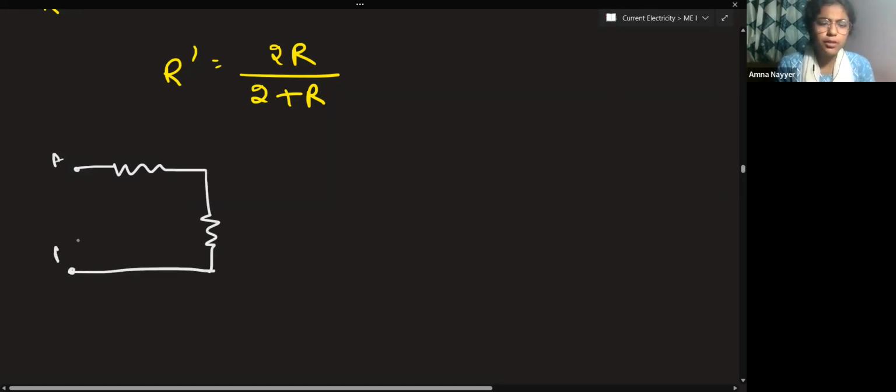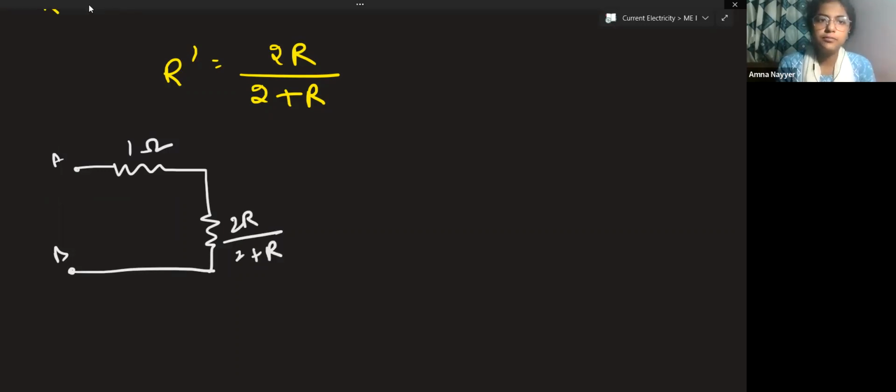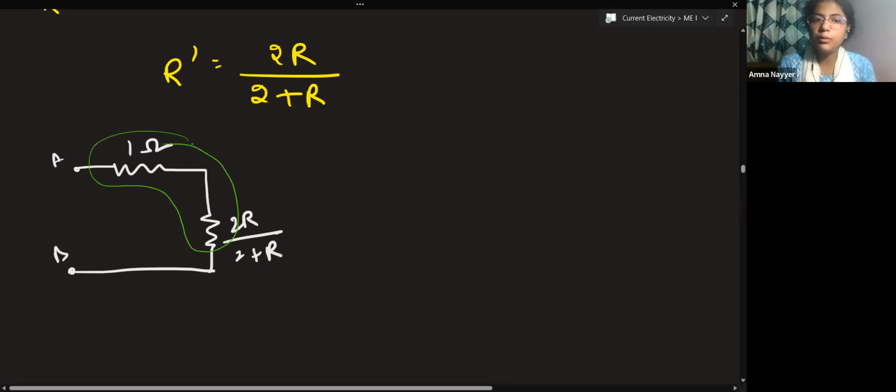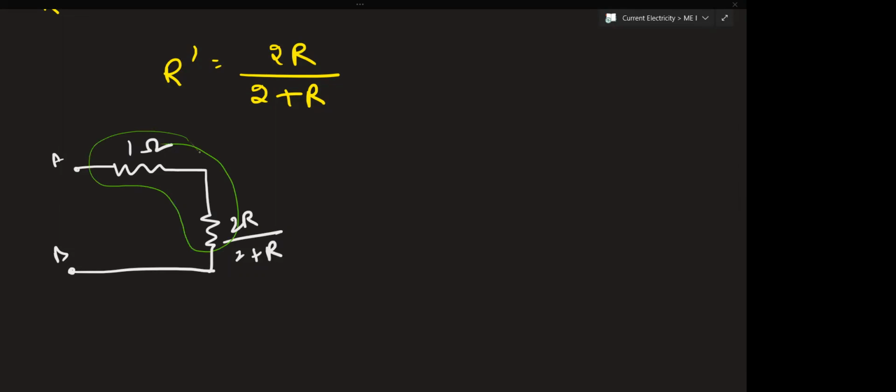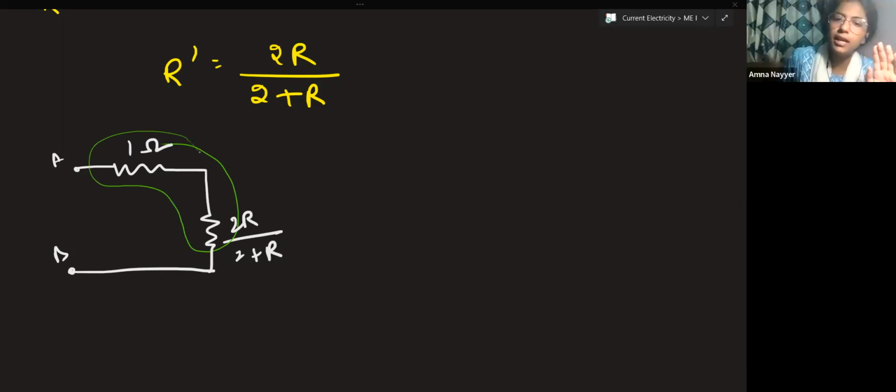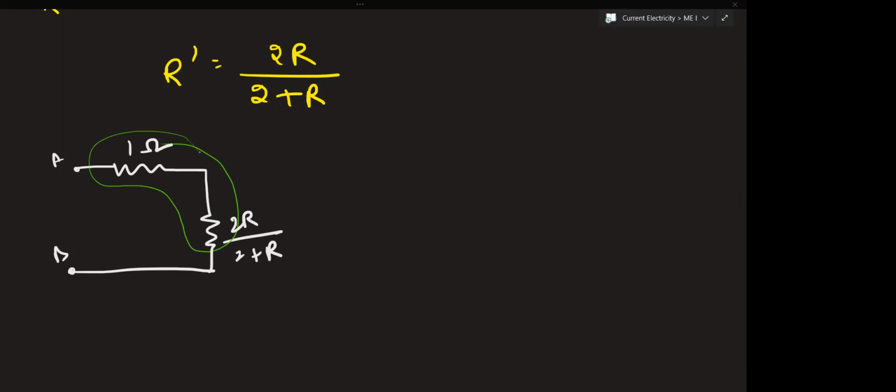This was 1 ohm, and this is 2R by 2 plus R. This much is there. Yes, class, answer: how are both of these connected? Series. Series, perfect. Do all of you agree with Astha? Yes, ma'am. Good.